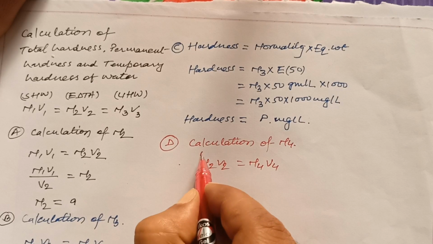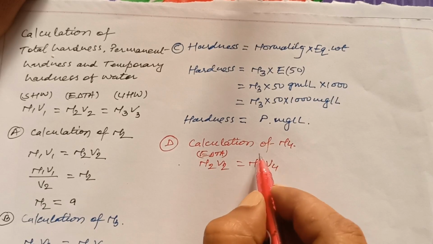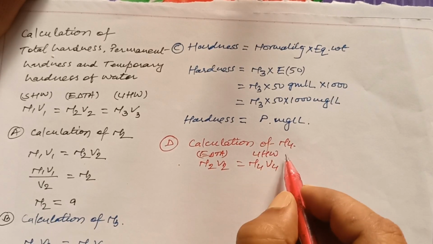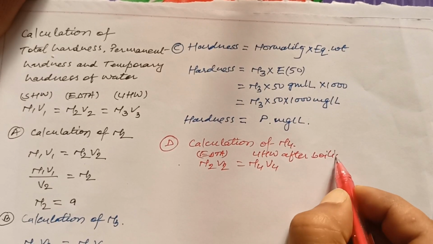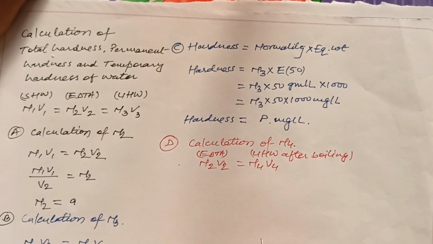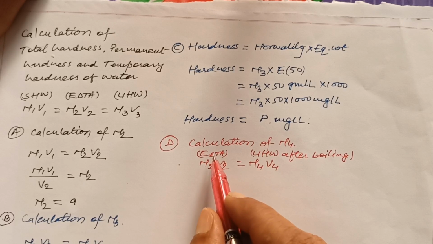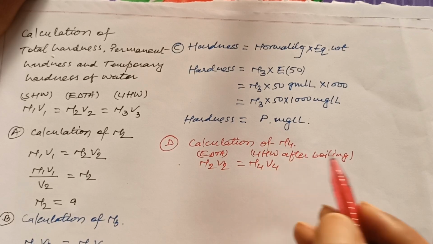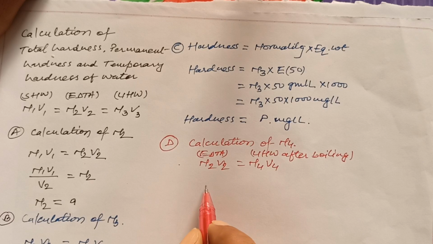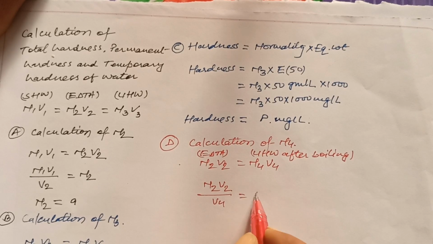This N2V2 we know is for EDTA, but this N4V4 is for the unknown hard water sample after boiling, after 10-minute boiling, 20 minutes boiling or 15 minutes boiling. So N2V2, this EDTA is the same EDTA, and it is once again used for the unknown hard water, but this time the water has been boiled for 10 minutes or 20 minutes. So now put the values here. N2V2 divided by V4, so we get N4.